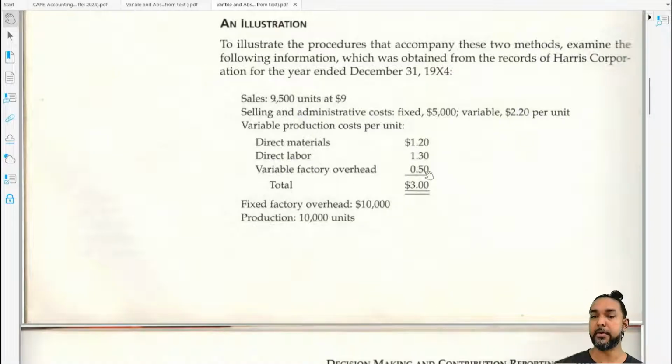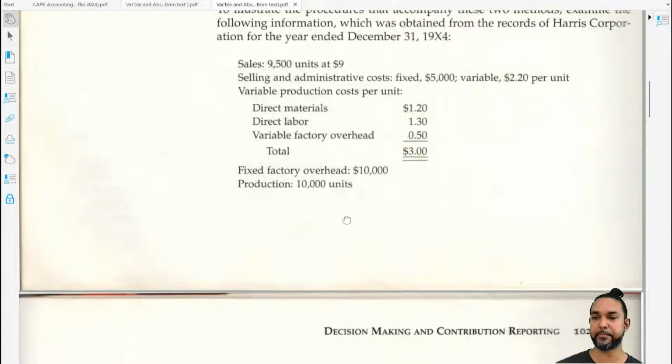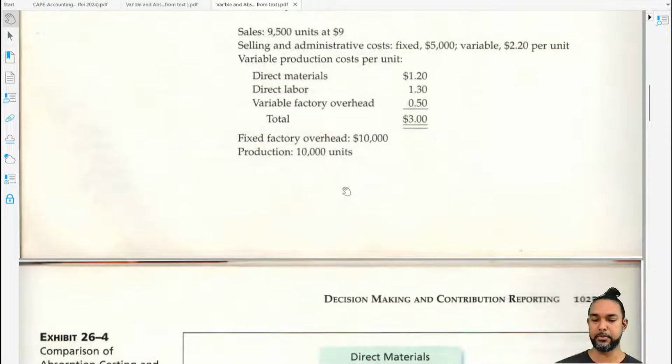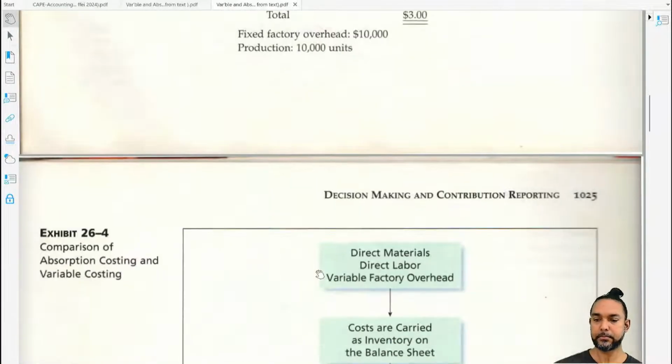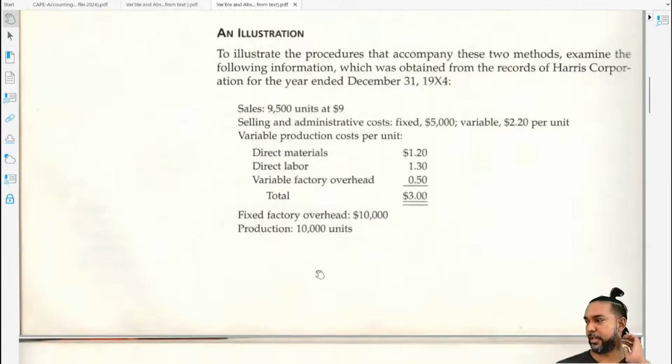That's variable, right? So we have a total cost there of $3, and then we have fixed factory overheads of $10,000, and production is 10,000 units. So what they've given us here is a bit of a breakdown of the costs for Harris, right? So what I'm gonna do is, yeah, no, I'll come back to that piece because that's the word inventoried.